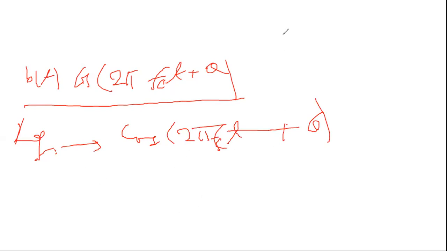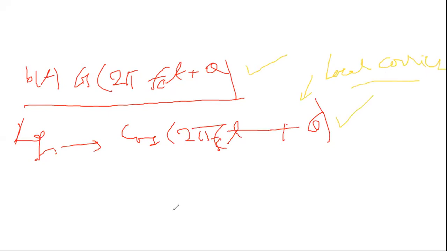So these two signals: this is the incoming signal, and from the incoming signal we have generated the local carrier. This is a local carrier or reference signal.